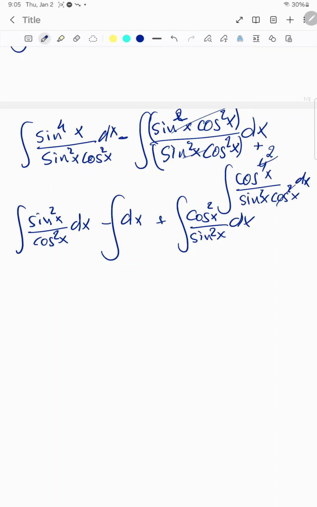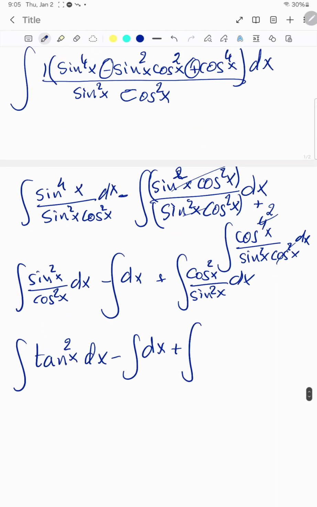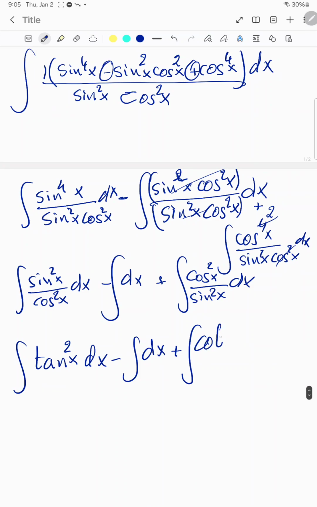Sine square of x divided by cosine square of x is tan square of x, because sine divided by cosine is tan, so it's the integral of tan square of x dx minus the integral of dx plus the integral of cosine divided by sine, which is cotangent square of x dx.